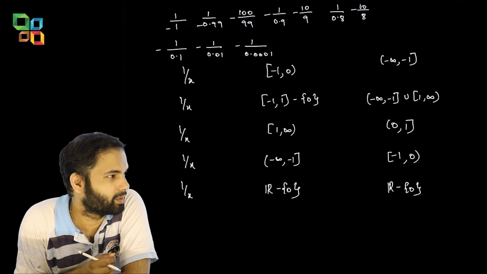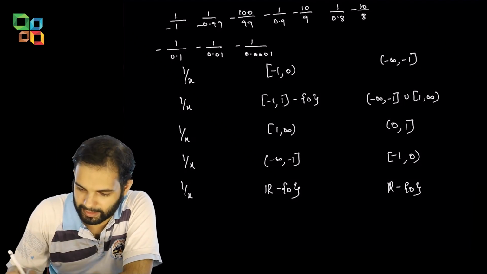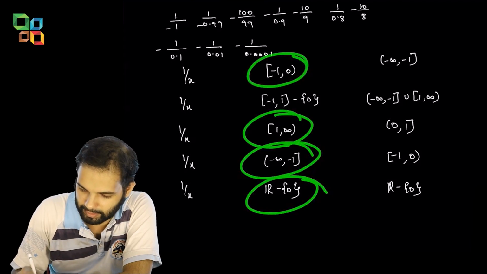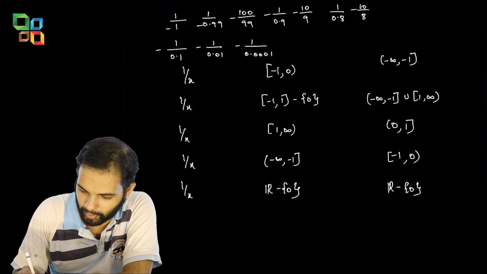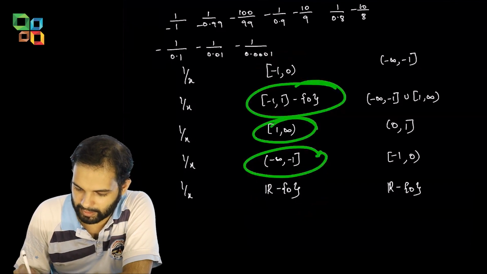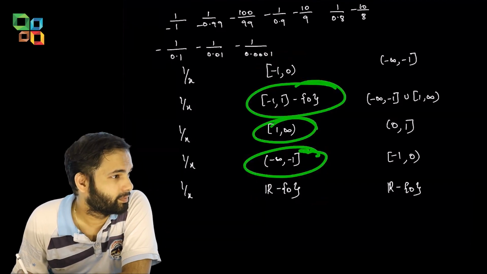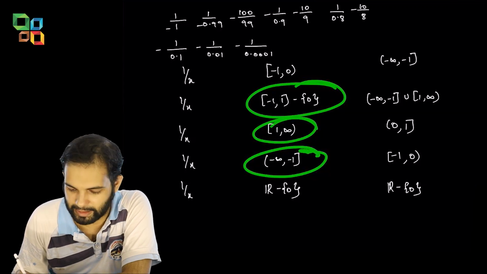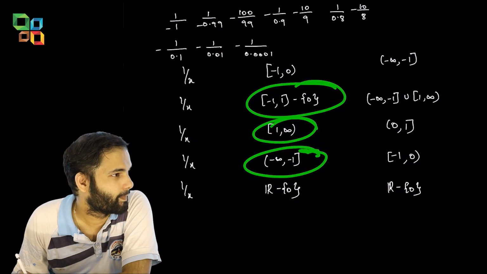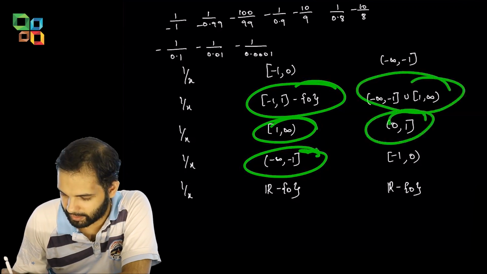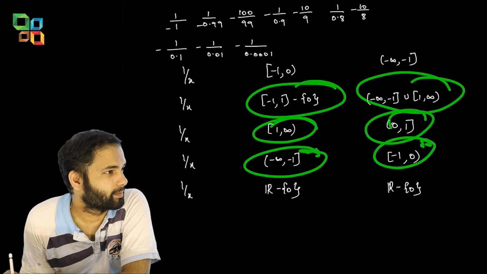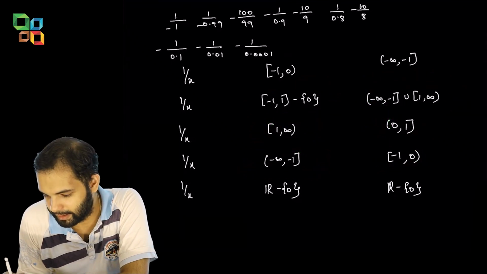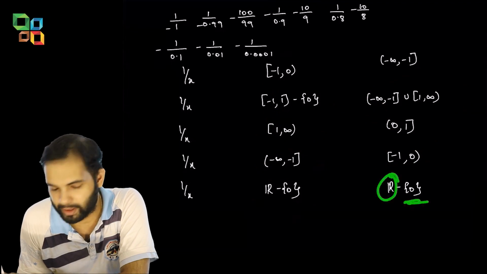It can never be 0. So what do you mean by the set of all real numbers? It's a combination of these four sets, you can just combine these. The union of all these sets is nothing but R minus 0, correct? I've included each and every number except 0. Again, you see the union of all these sets is nothing but your range. The range will contain all the real numbers except 0.